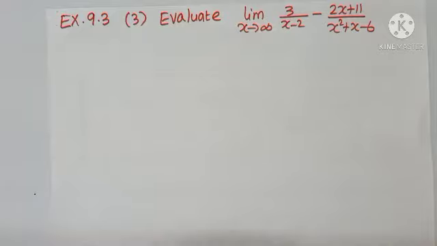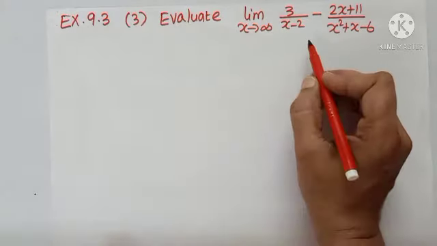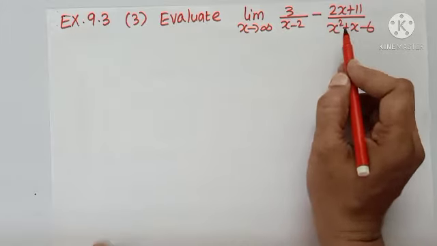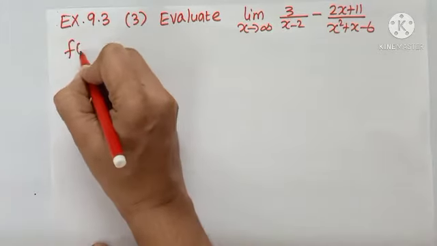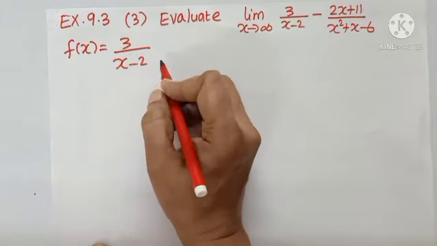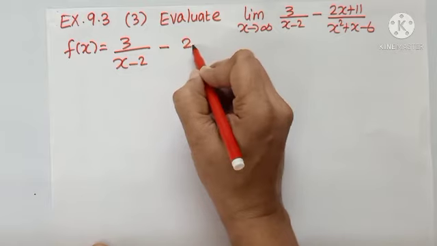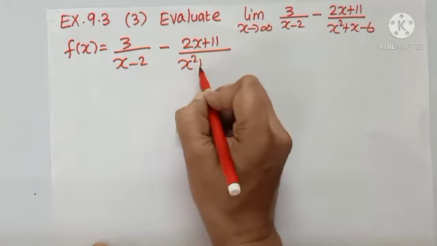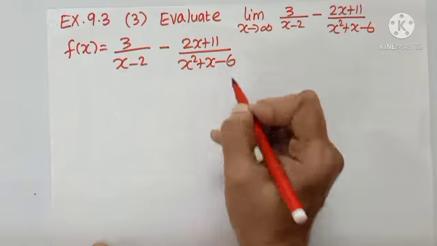Exercise 9.3, question number 3, evaluate. As I look, let us factorize. Consider f of x is equal to 3 by x minus 2 minus the fraction 2x plus 11 divided by x square plus x minus 6.